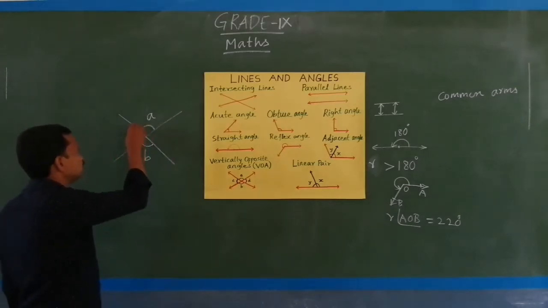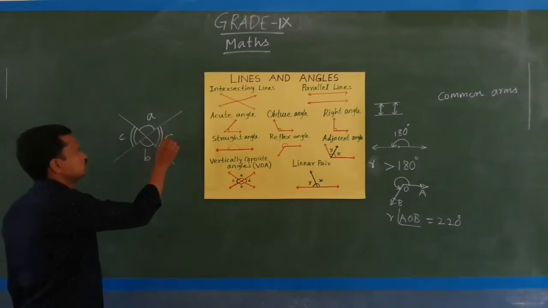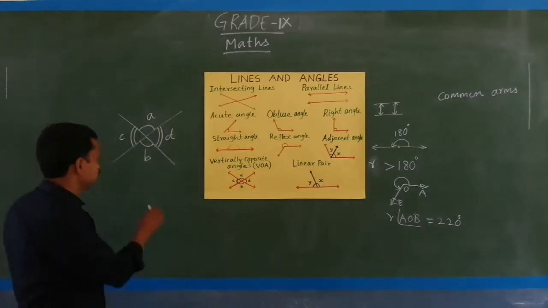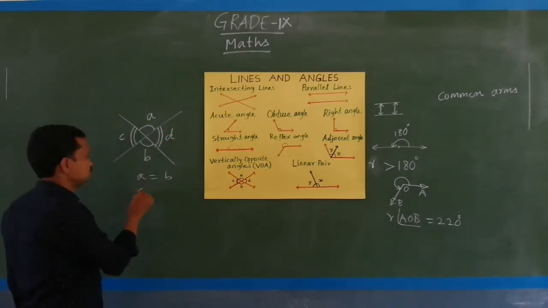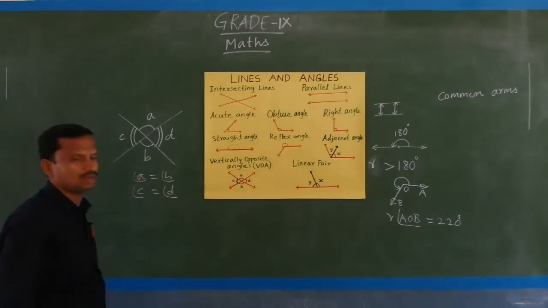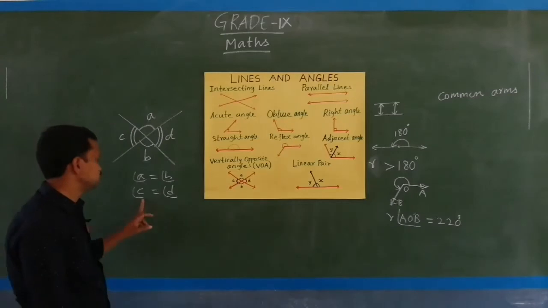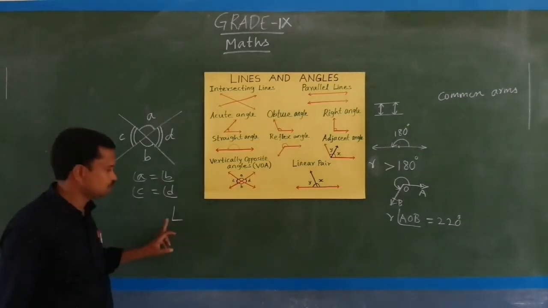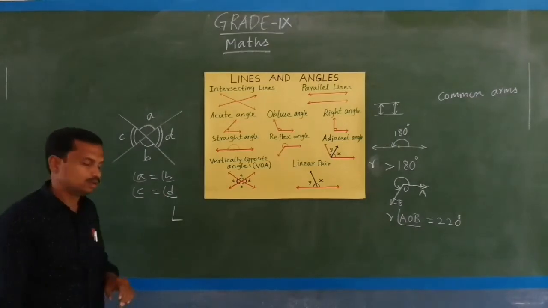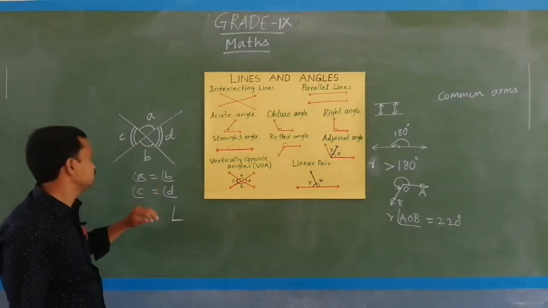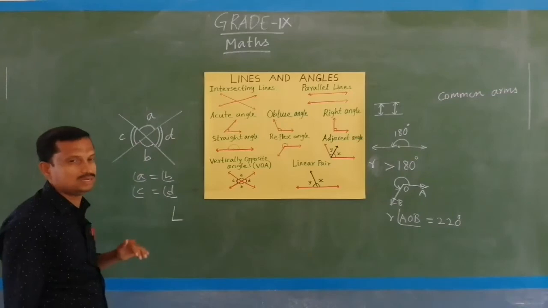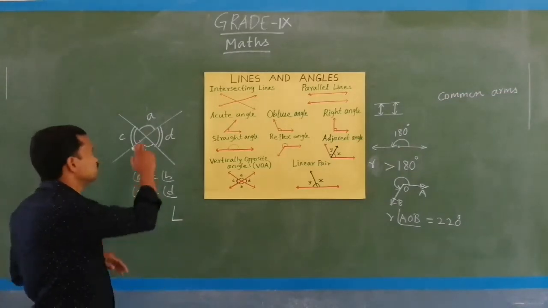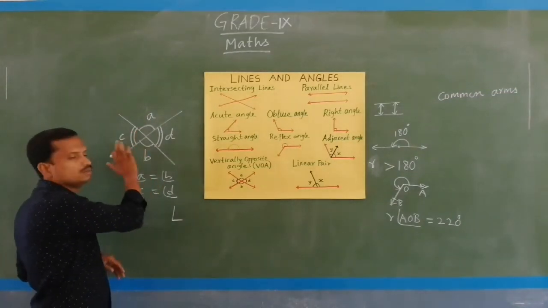Suppose this is C and this is D, then angle A equals angle B and angle C equals angle D. This symbol stands for angle, so you have to put it correctly. When two lines intersect, vertically opposite angles are equal.